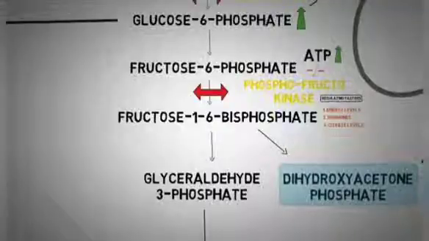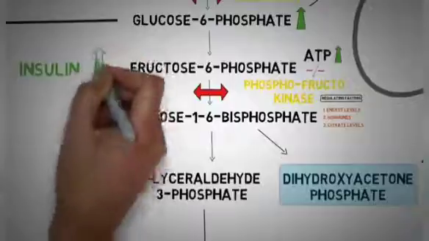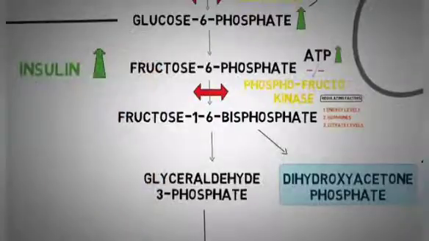Insulin increases this rate of reaction by increasing the activity of phosphofructokinase. Now, insulin is released when we have plenty of glucose in our blood. This glucose needs to be converted into pyruvate fast for energy production and generation of other intermediates.